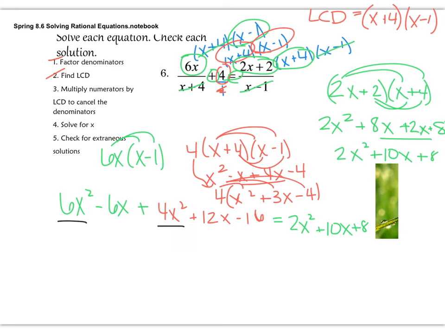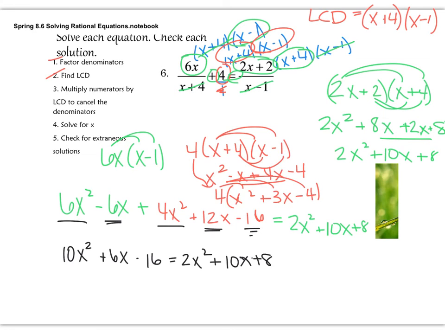So 6x squared and 4x squared gives me 10x squared. Negative 6x plus 12x is a positive 6x. And we have a minus 16 equals 2x squared plus 10x plus 8.